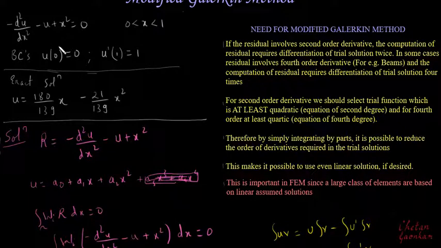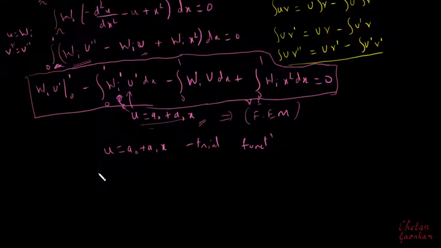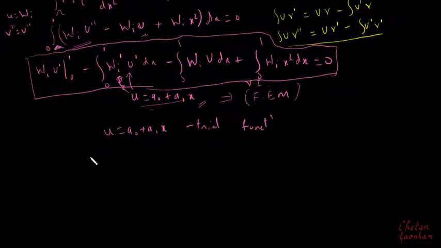Now if you just look at this boundary condition, we know that this is the essential boundary condition, whereas this is the natural boundary condition, but we need to take care of only the essential boundary condition at this stage. And if I do that, the essential boundary condition tells us that u at x equal to 0 is 0, which gives us a naught as 0.